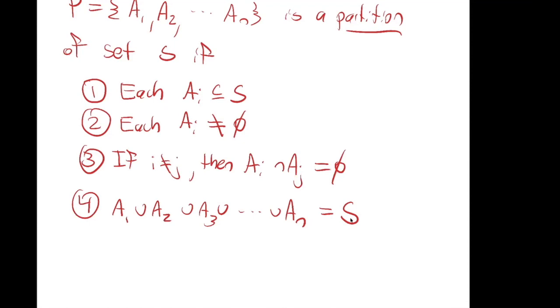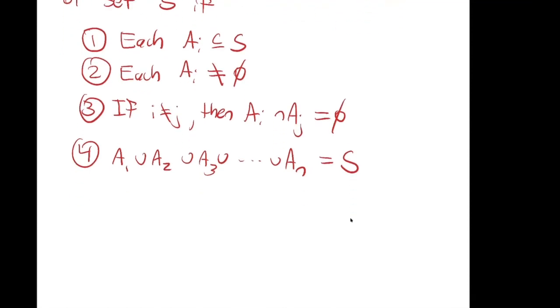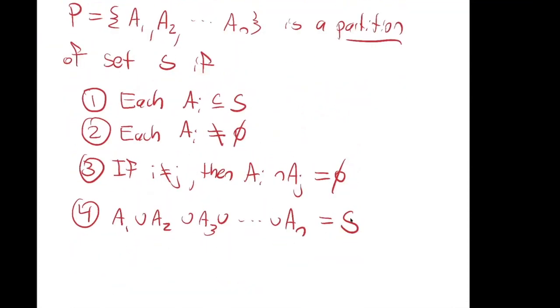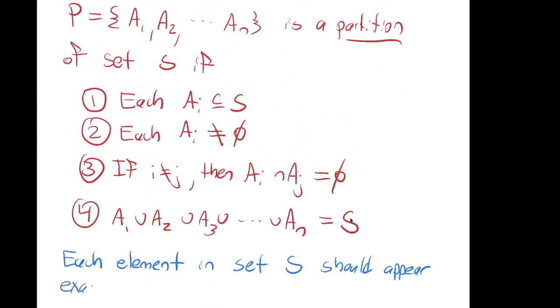The short story is, for P to be a partition, each element in our original set S should appear exactly once in one of the sets in the partition.